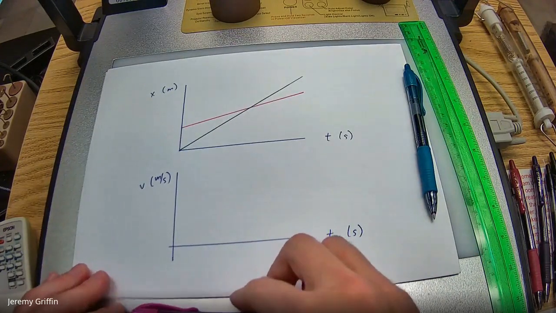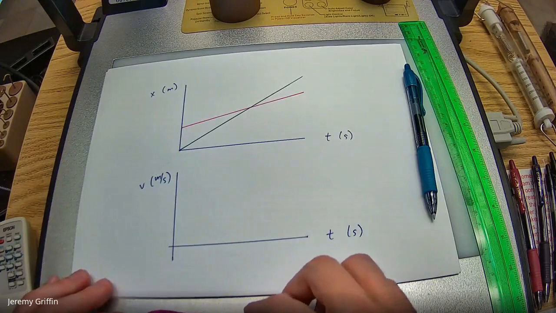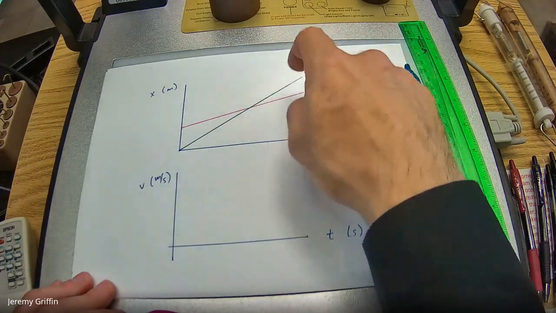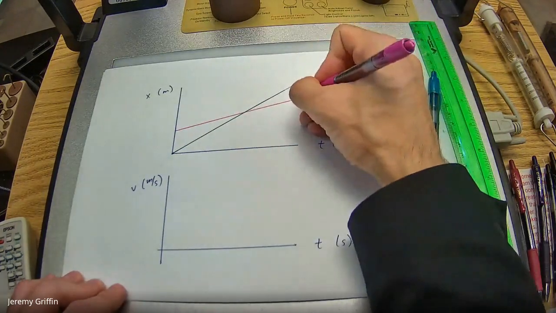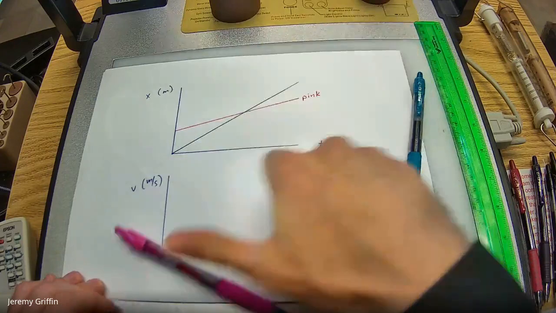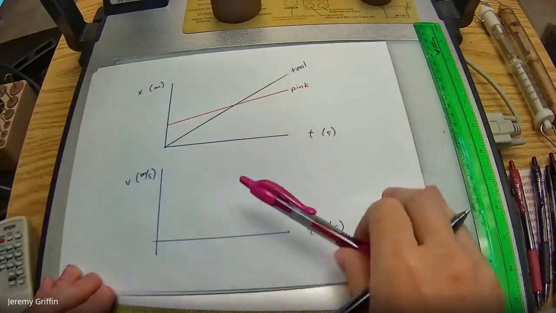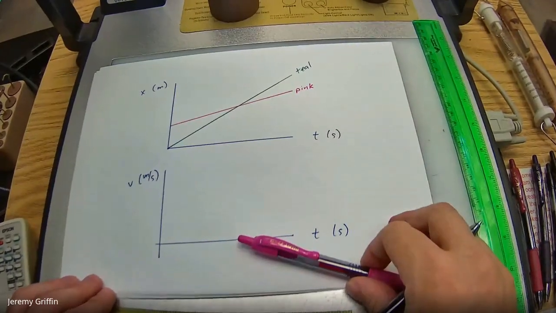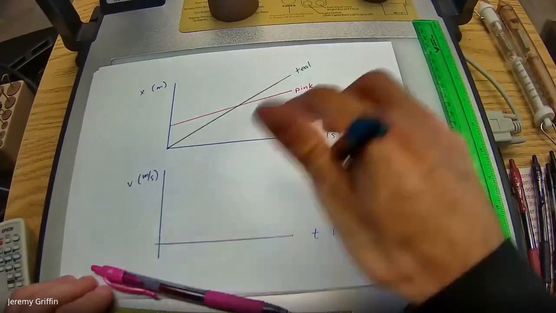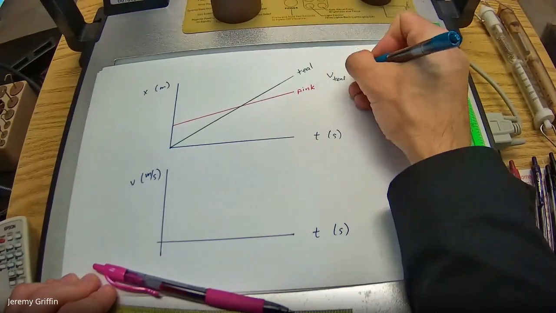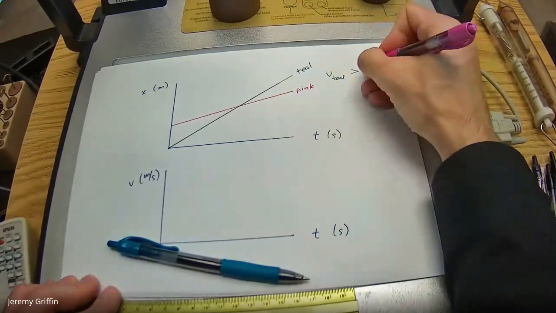Now, which of those runners is going faster? The teal or the pink? Right? Who's going faster? Yeah, definitely teal, right? You guys see the velocity of teal is greater than the velocity of the pink.